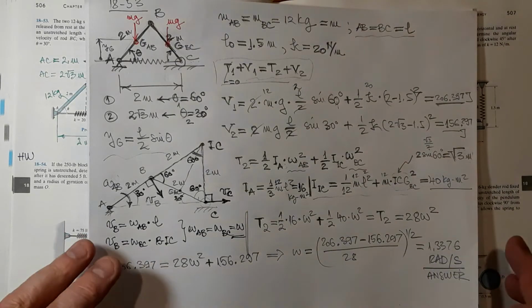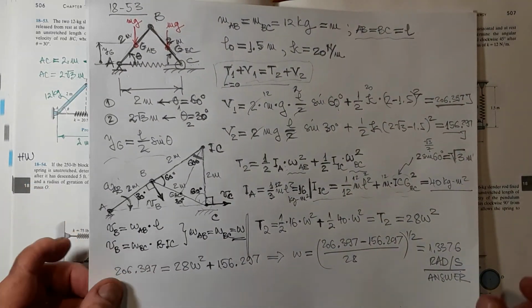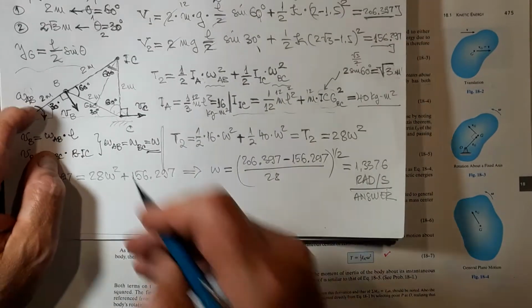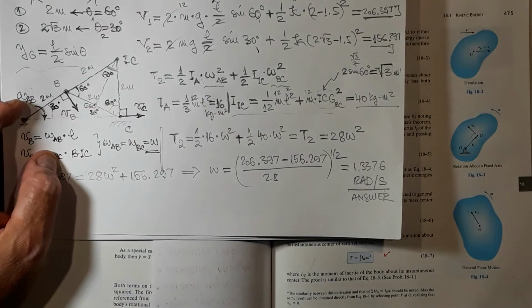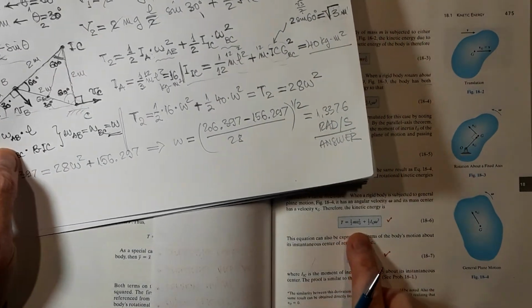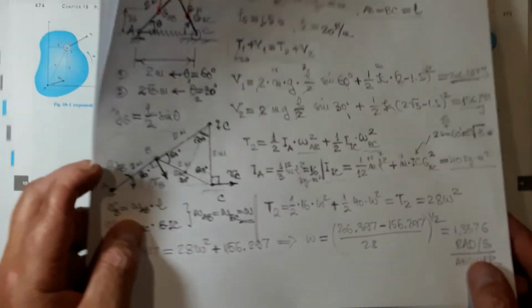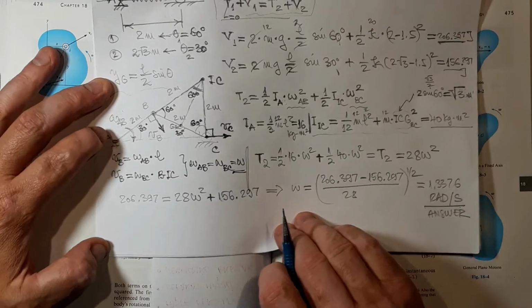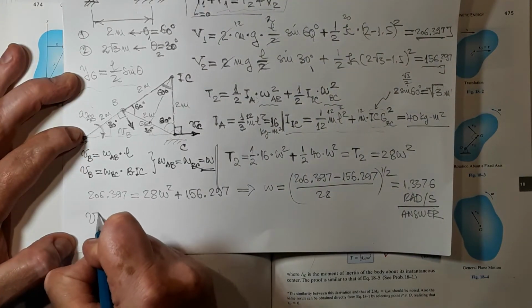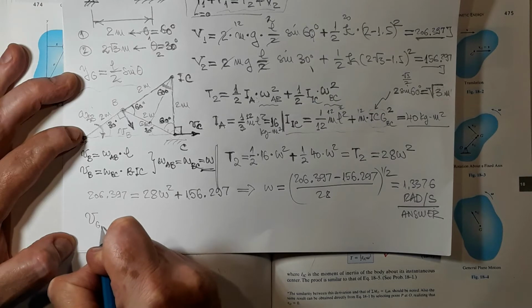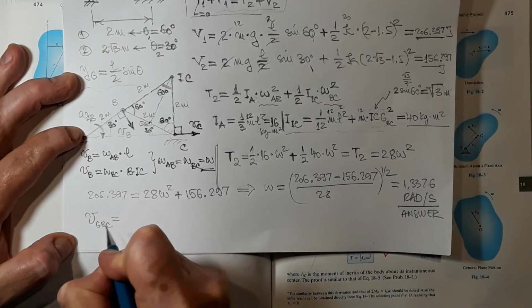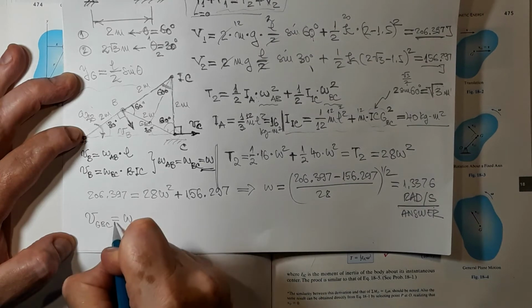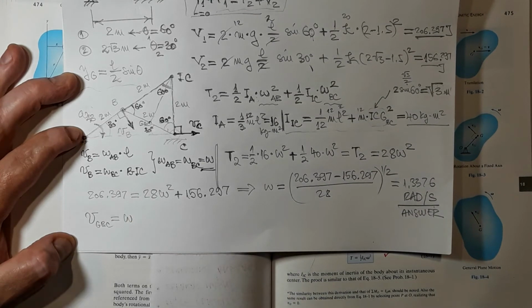The other approach would have been to determine the velocity of the center of mass in order to apply equation 18.6. We can use instant center to find the velocity of the center of mass. I can find it right away. So velocity of the center of mass, velocity of G of link BC, is going to be omega of BC.